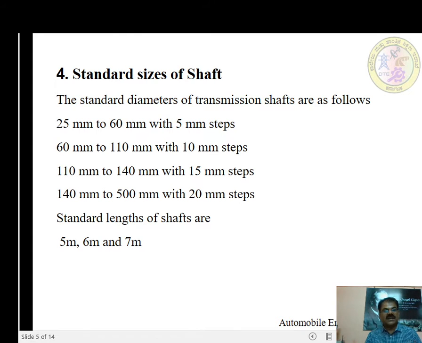The standard diameters of transmission shafts are: 25 mm to 60 mm with 5 mm steps, 60 mm to 110 mm with 10 mm steps, 110 mm to 140 mm with 15 mm steps, and 140 mm to 500 mm with 20 mm steps. So these are the standard sizes of the shaft.